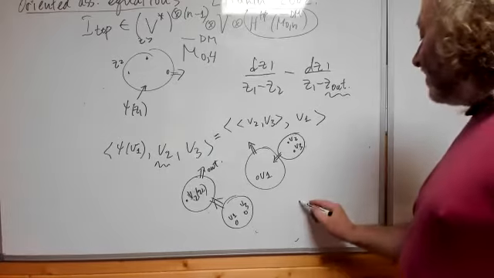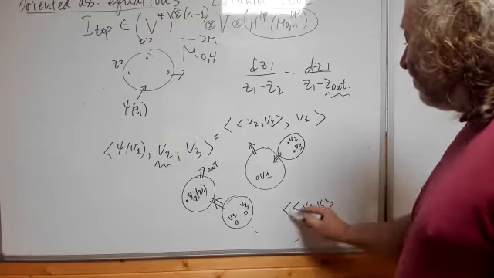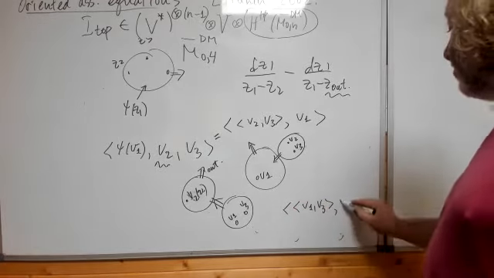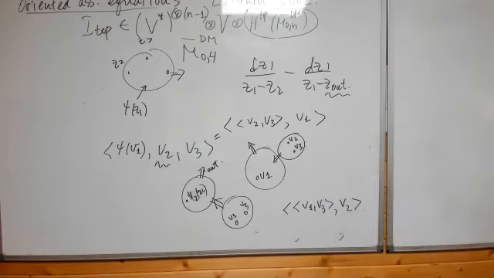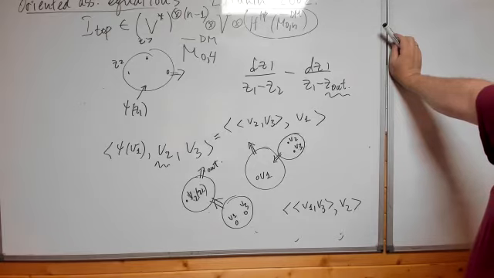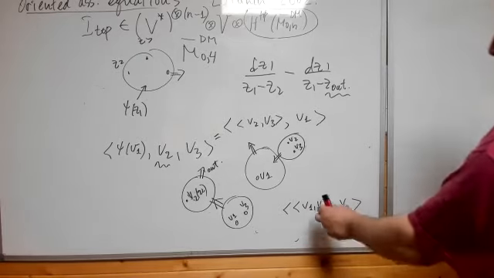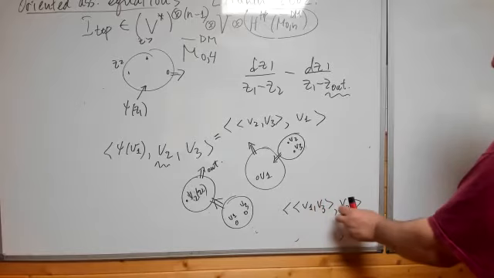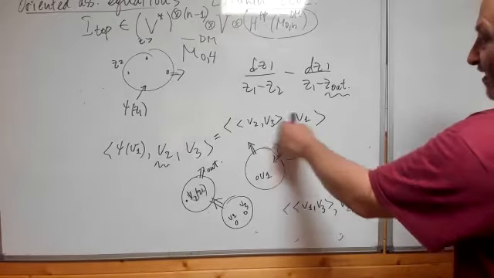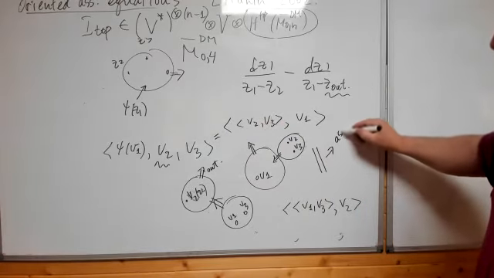So I can write it down as V1, V3, and here I have V2. But they should be the same. And of course, it means that first you multiply 1, 3, and then 2, and here you multiply 2, 3, and then 1. Equality here is, of course, associativity.